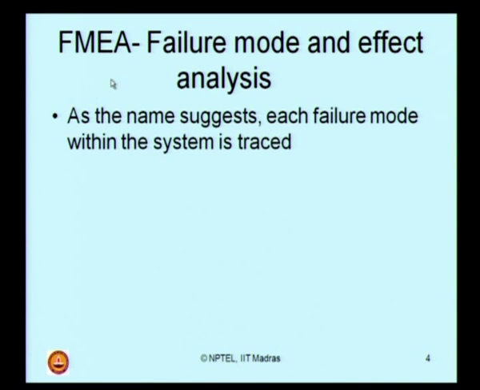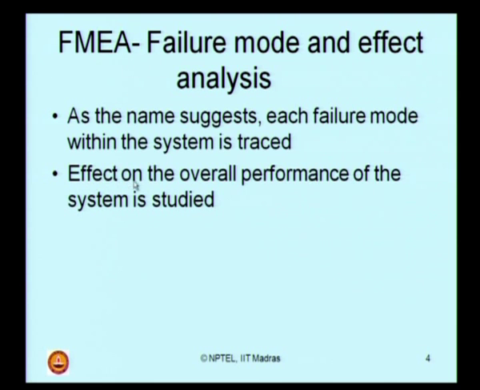As the name suggests, in FMEA each failure mode within the system is traced. For example, you have a mechanical or an electrical system, you try to identify each failure mode within the system. The effect on the overall performance of the system is studied.